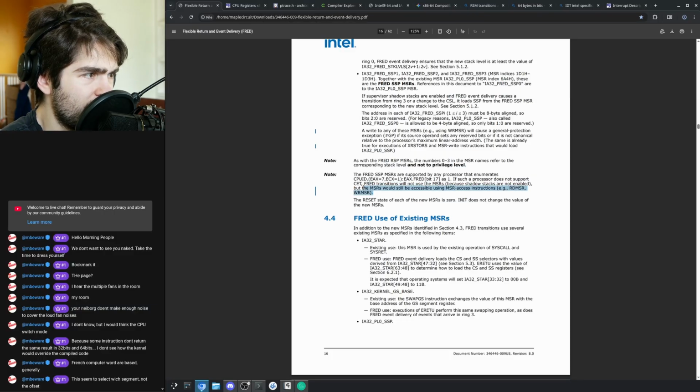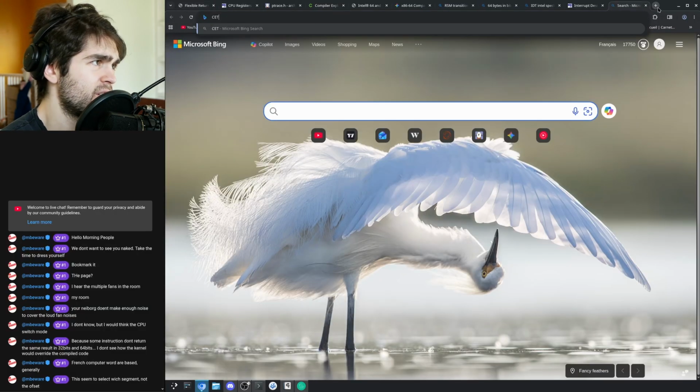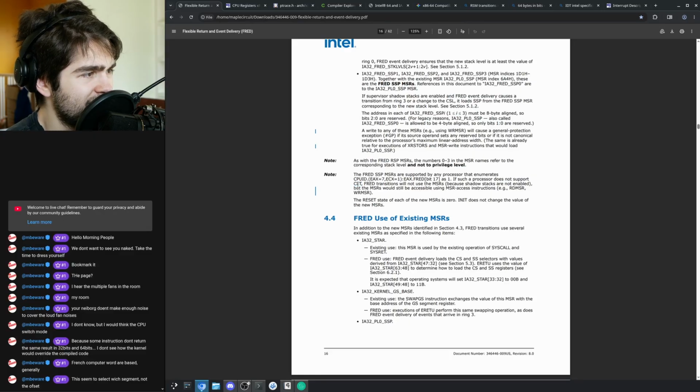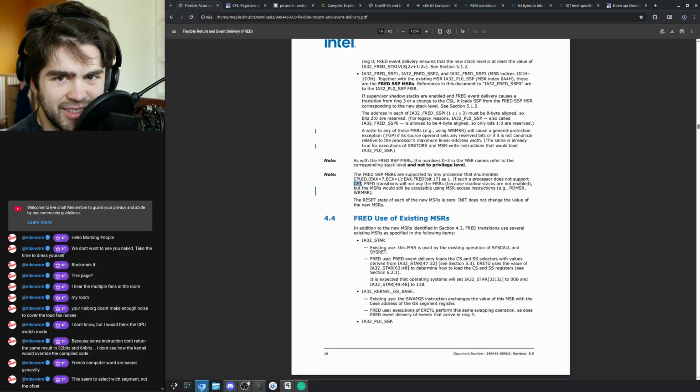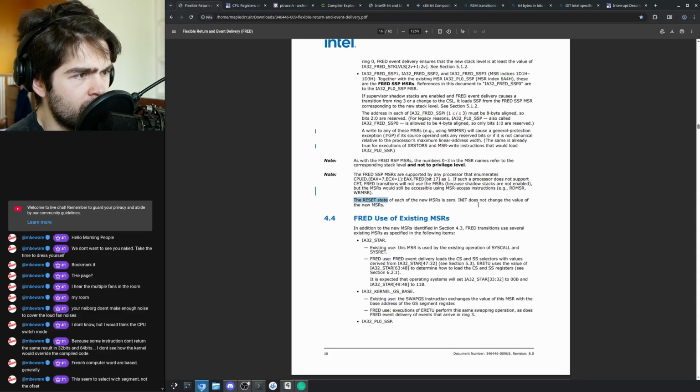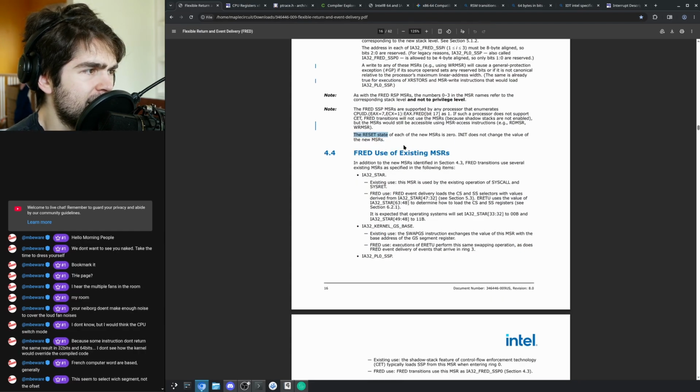I guess that bit is in there for AMD, right? Saying that you can work without CET, which is a strictly Intel thing, right? Yeah, CET, sorry. The reset state of each of the new MSRs is 0, and it does not change the value of the new MSRs.